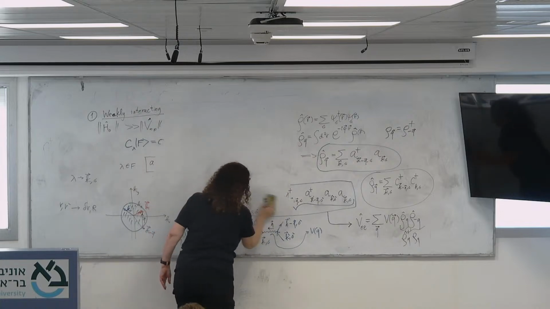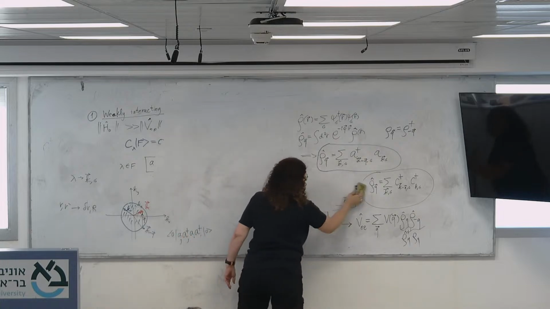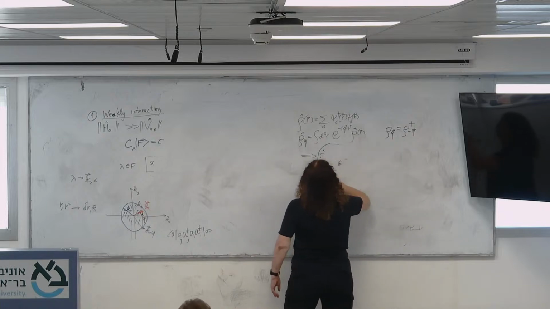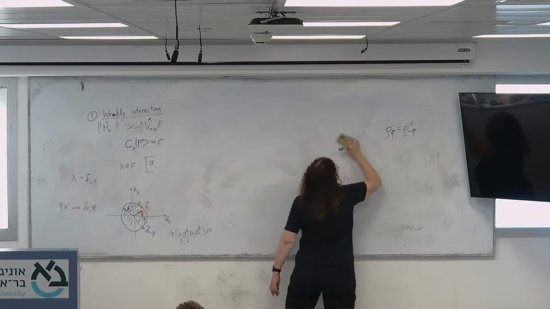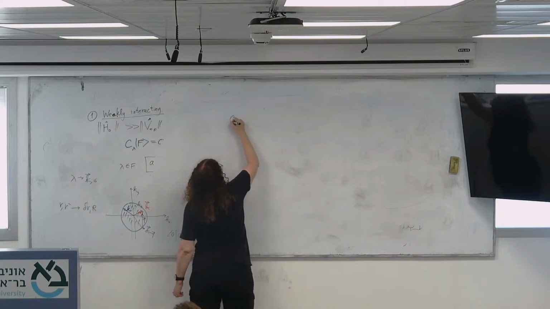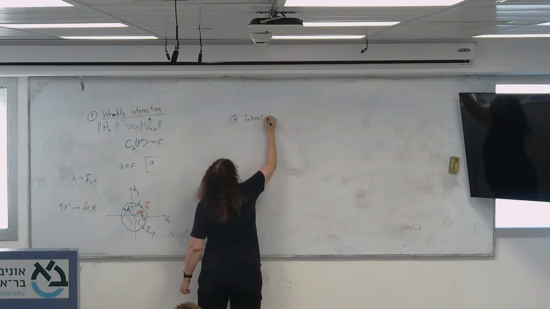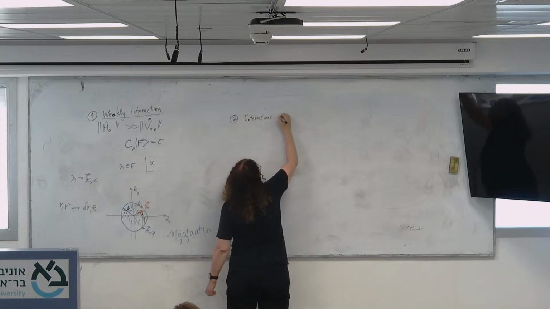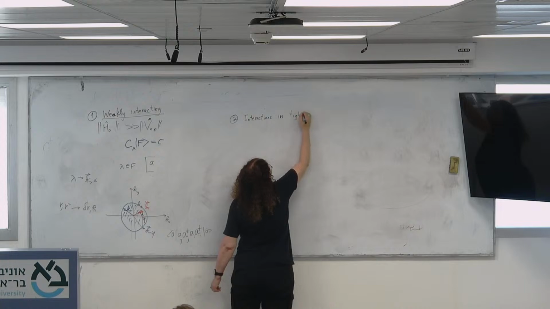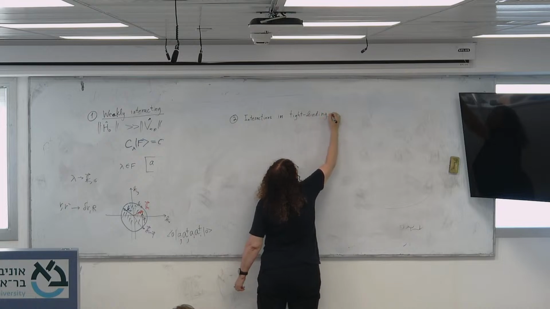So we are going to the second example, the second type of problems. And this is interactions in, let me call it, a tight binding basis.